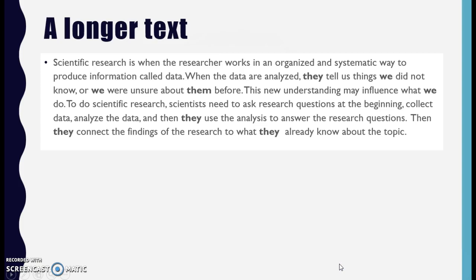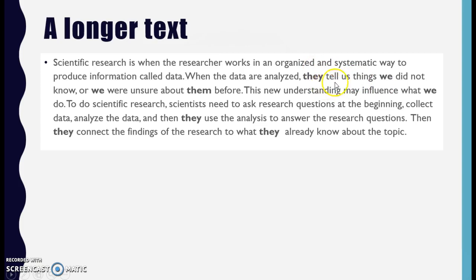So what happens? Let's take a look at a real text, a real paragraph, and see how it all works in a longer text. Scientific research is when the researcher works in an organized and systematic way to produce information called data. When data are analyzed, they tell us things.